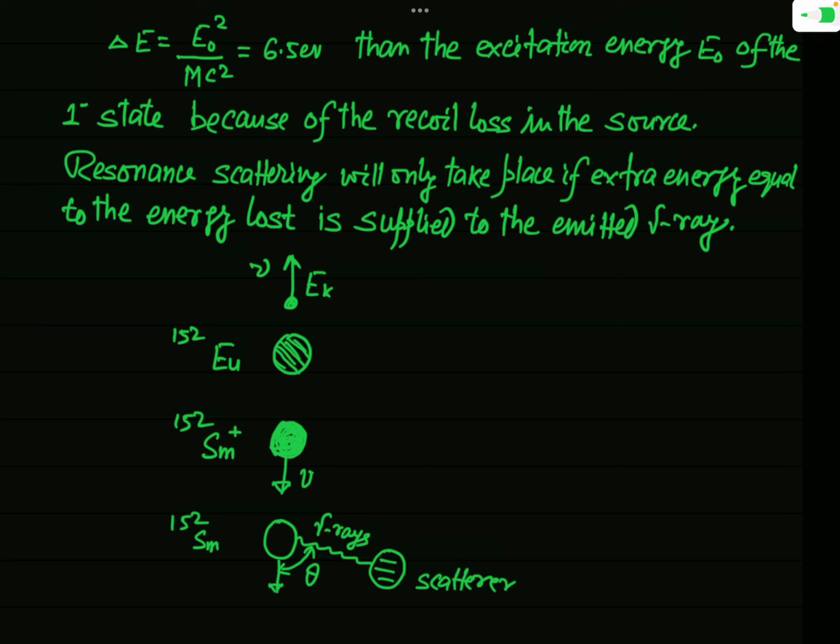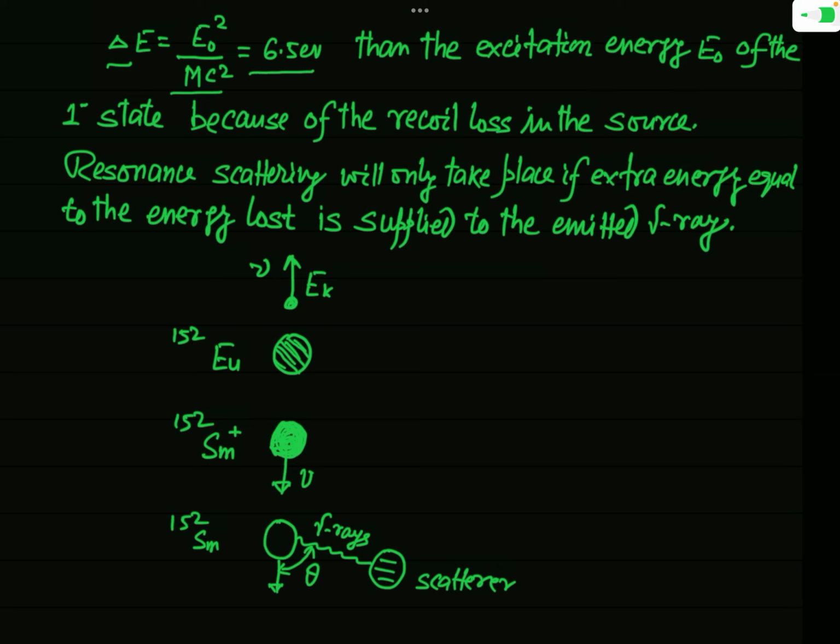But the energy by which it is diminished is delta E equal to E naught square by mc square, whose value is almost equal to 6.5 electron volt.